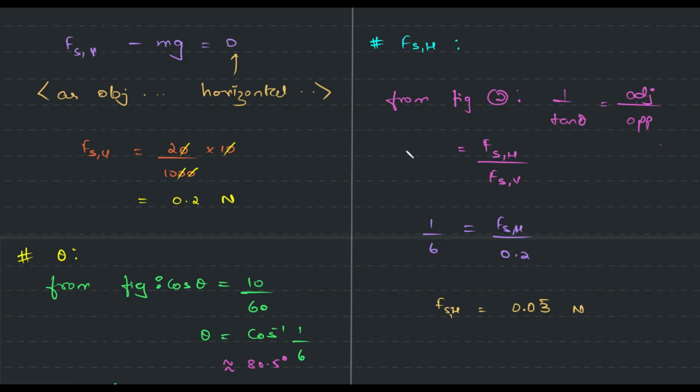Okay, let me try this. 0.167, and so this will change actually. This everything will change. So this would be 0.167 into 0.2. 0.0334 Newton.